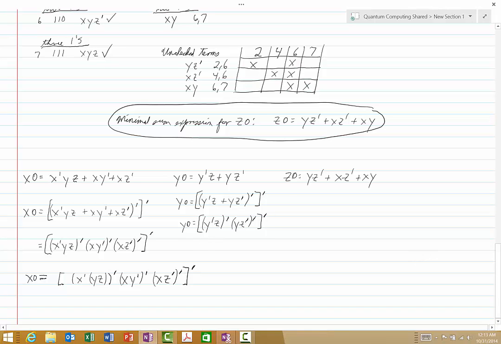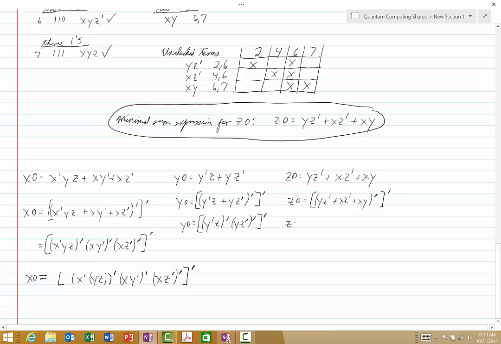And then finally for Z0, we have YZ prime, or XZ prime, or XY prime, prime.